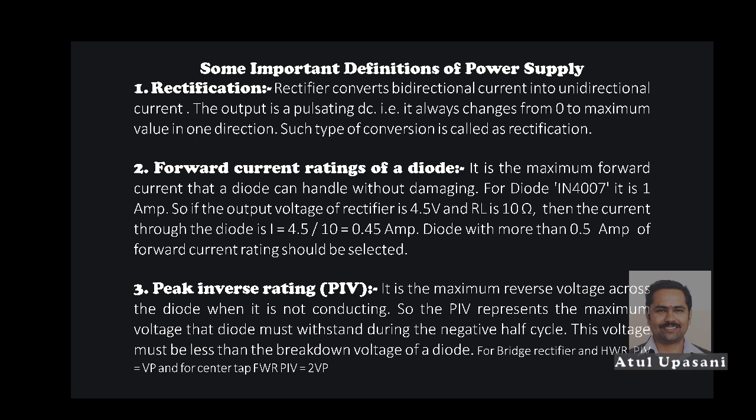So the peak inverse voltage rating represents the maximum voltage that a diode can withstand during the negative half cycle. This voltage must be less than the breakdown voltage of the diode. For a bridge rectifier and half wave rectifier, the peak inverse voltage rating of a diode is the maximum voltage. But for a center tap full wave rectifier, the peak inverse voltage rating must be double the maximum voltage.